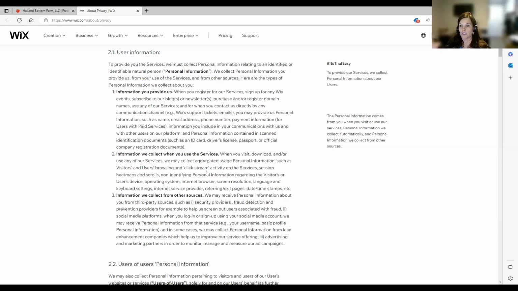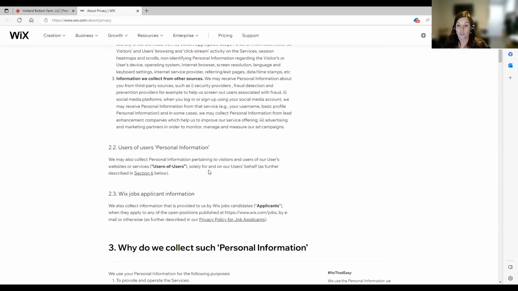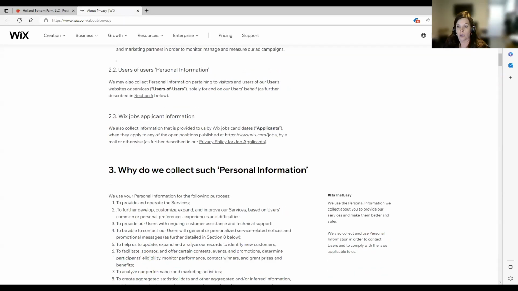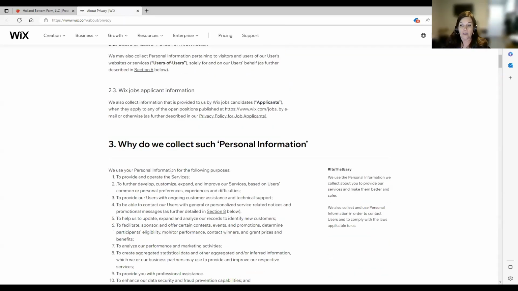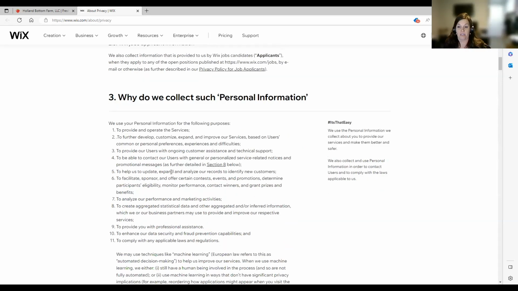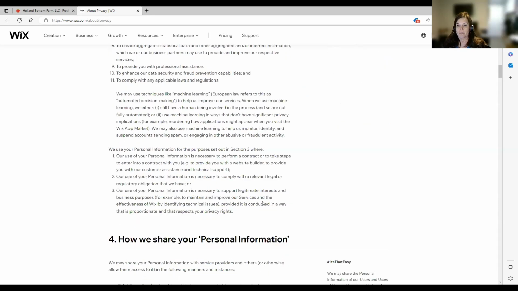So it starts to break it down into more complex information as to what they collect, how they store it, the use of it, especially when they talk about applicants for jobs. Why do we collect the personal information? They break that down and give very good details as to why they make those collections.